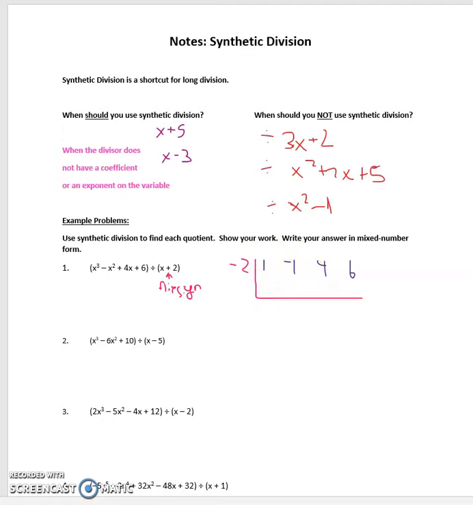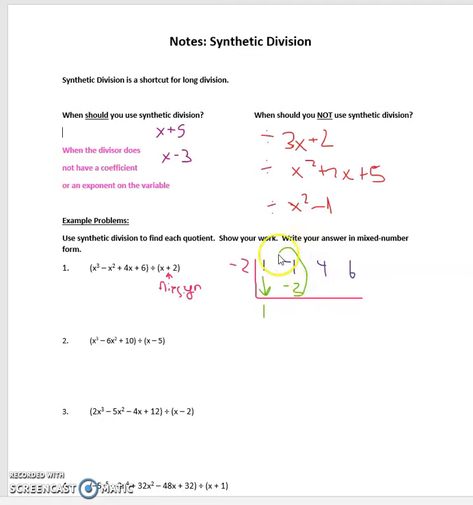So what we do is we bring this number down first, and we have a 1. And then we multiply these two numbers. So negative 2 times 1 is negative 2. Then you combine these.